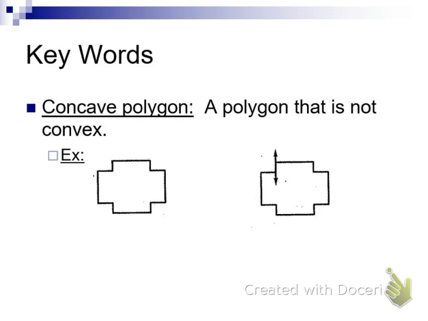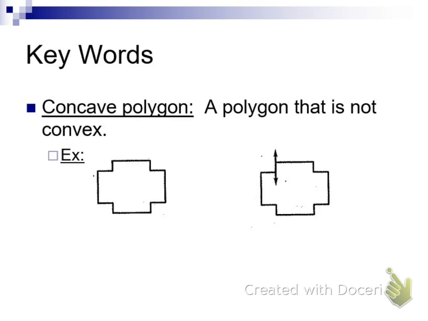Next, we have a concave polygon, which quite simply is a polygon that is not convex. It caves in on itself. So that means when we extend at least one side and it crosses into the center or the middle, we call it concave.